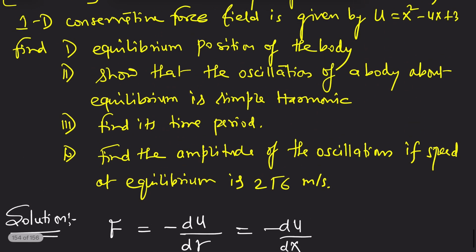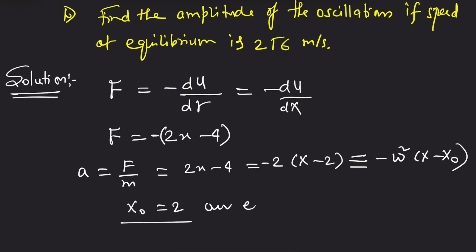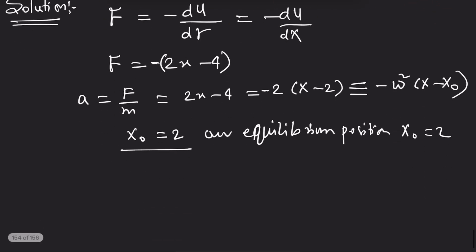If I take minus common, it will become minus 2 times x minus 2. So we can compare this with the formula, and we get that x naught is equal to 2. It means our equilibrium position is 2, guys. And this is your part of the answer.